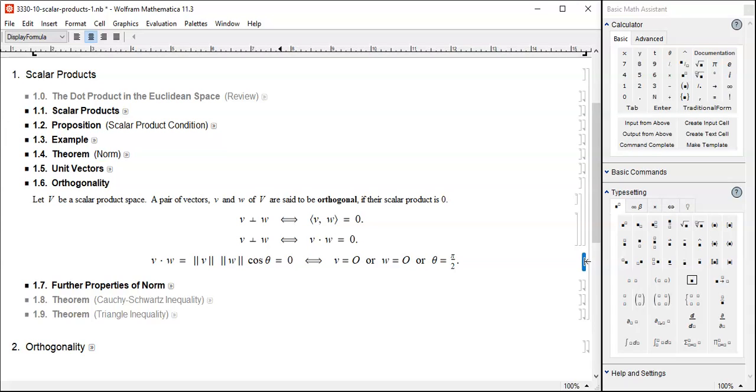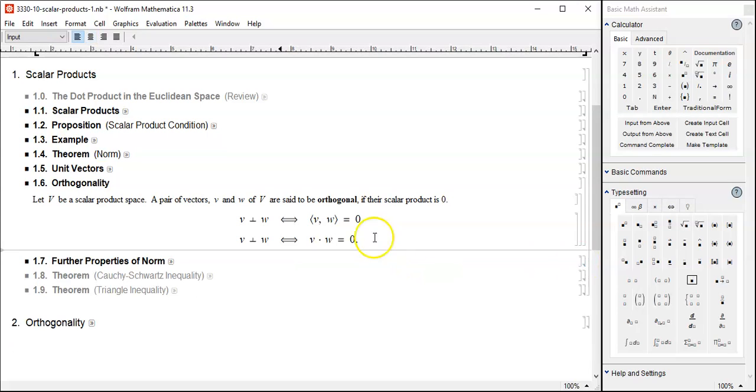Still, you can define orthogonality or perpendicularity as the scalar product becoming 0. Either you use triangular bracket notation or dot product notation, it doesn't matter. If the scalar product is 0, orthogonal, or vice versa. Orthogonal means the scalar product is 0. Perpendicular, again the same deal.